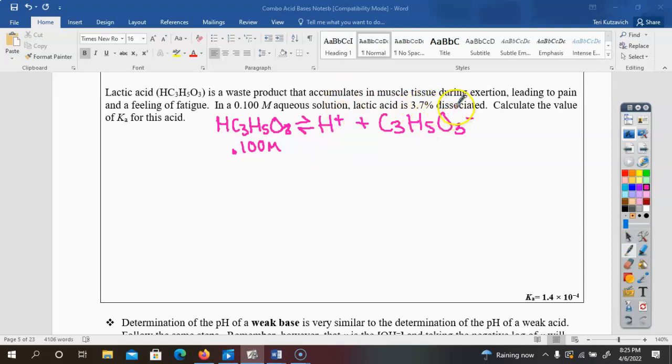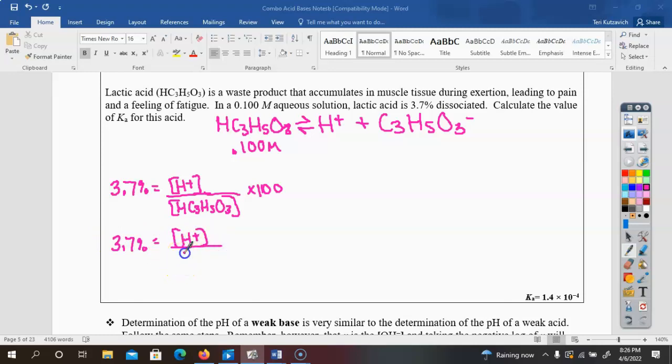They tell us how much it's dissociated. Well, let's write an equation and see what we can get from that. 3.7% equals H plus divided by your acid times 100. That was our dissociation equation. We know this, so 3.7% equals H plus divided by 0.100 molar times 100.